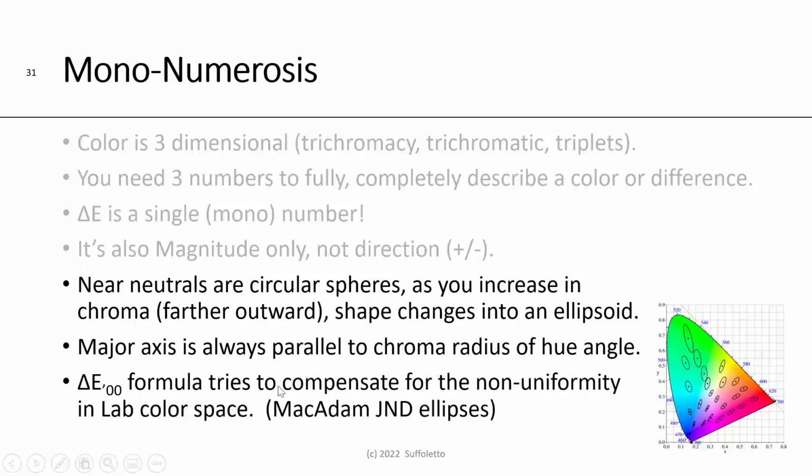And delta E2000 is trying to mathematically compensate for the non-uniform LAB color space that was noted by both Munsell and MacAdam. So these MacAdam ellipses will change their size, shape, and orientation based on where they are in color space. And that's exactly what delta E2000 is trying to do, make that compensation.